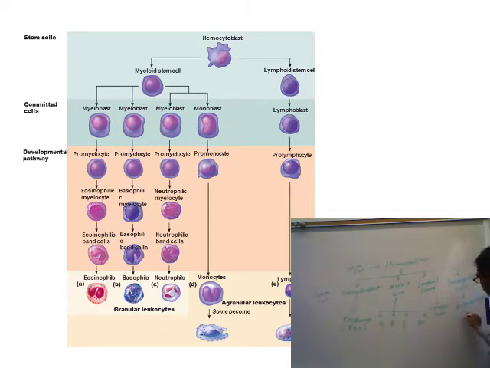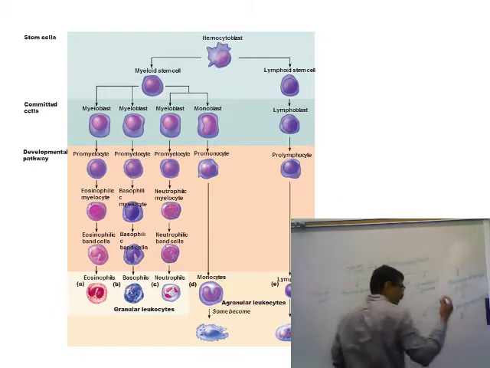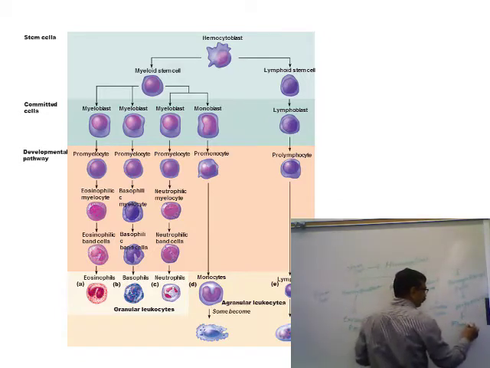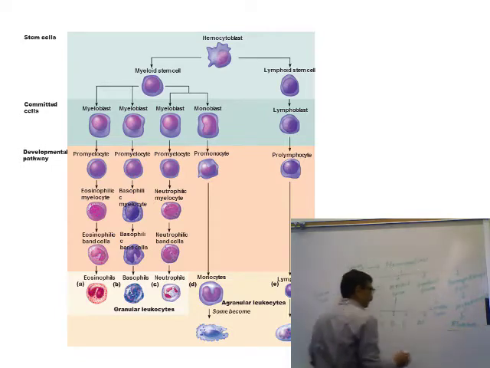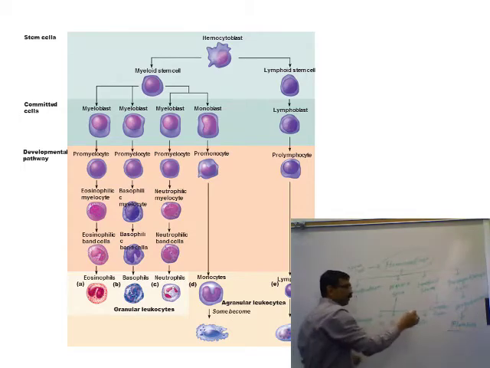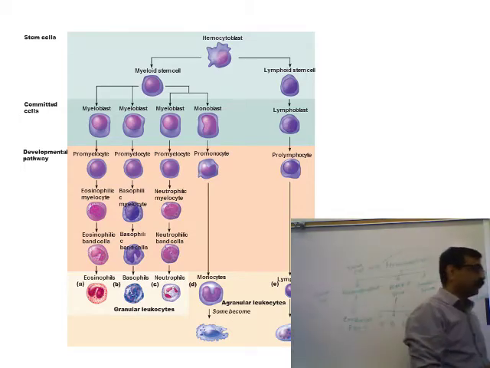Megakaryocyte, and the fragment of the cell membrane, produces platelets. Okay, so that's how from hemocytoblast you get different types of blood cells.